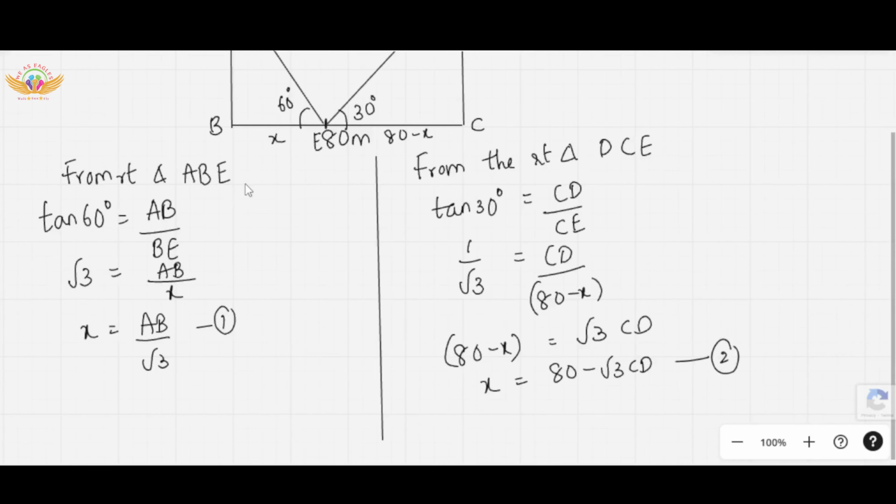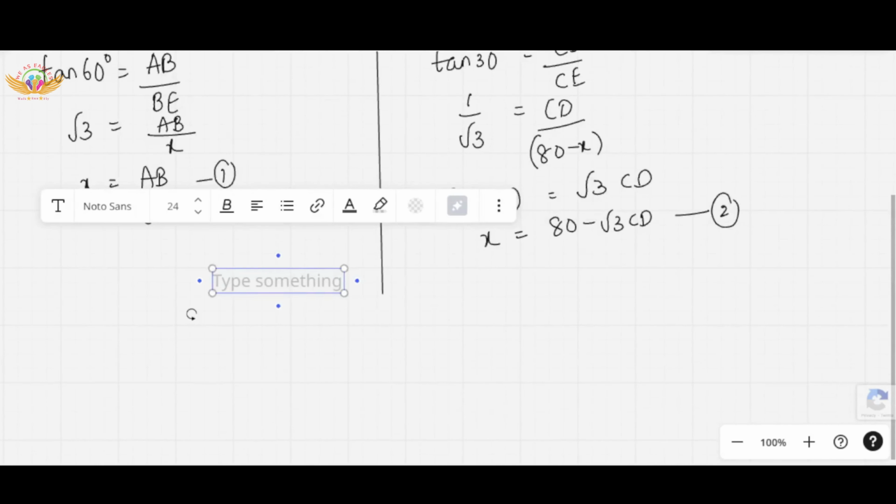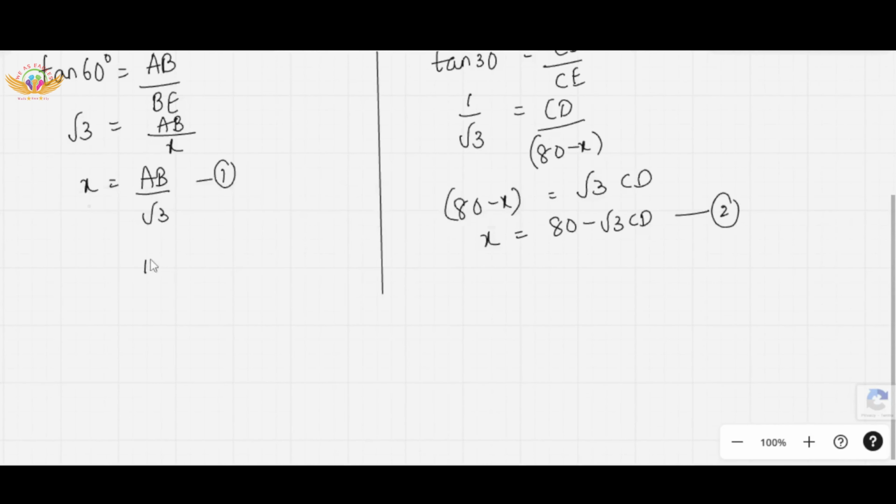So now let us equate both X values. Equation 1 is equal to equation 2. So AB by root 3 is equal to 80 minus root 3 CD.